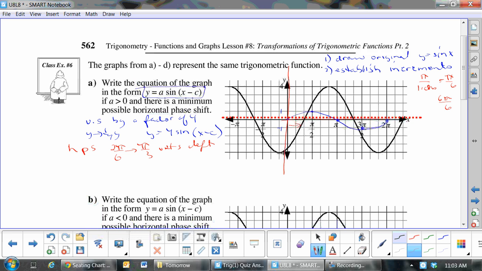So this would be y equals 4 sine x minus pi over 3. That's your equation. Okay?